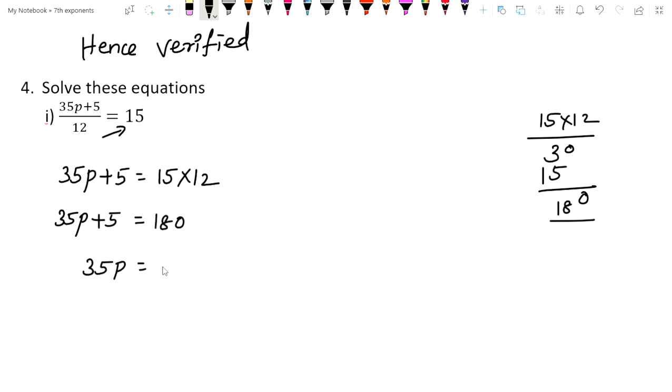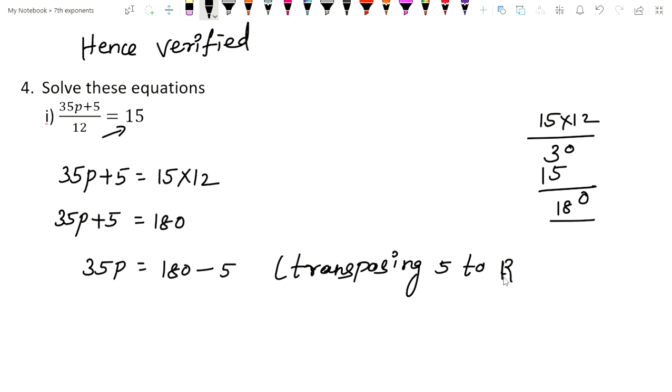35p equal to 180. The plus 5 will change other side, minus 5. Transposing 5 to RHS. So 35p equal to 175.